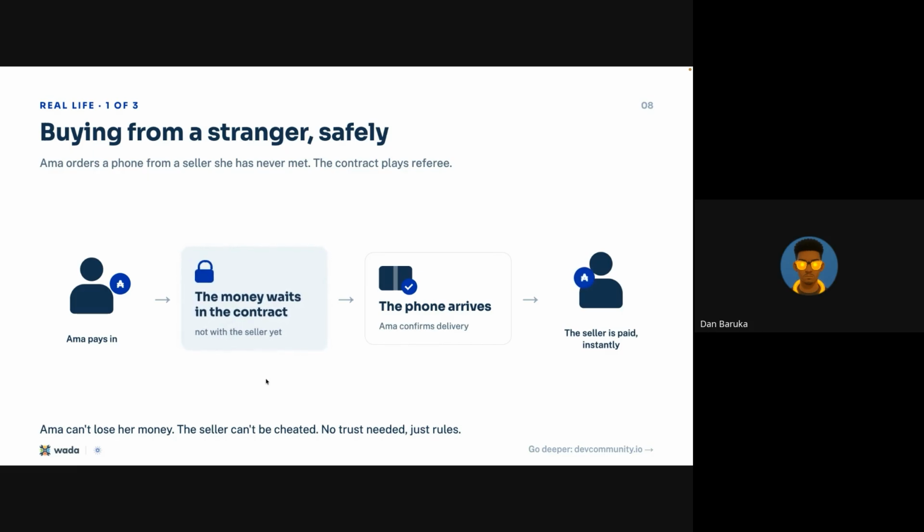The seller receives a notification saying, okay, yes, Amma has sent the money in the smart contract, I need to deliver the phone. The next step, the smart contract needs to know if the phone is delivered to Amma. Once Amma confirms the delivery, the money moves from the smart contract to the seller. This is a small sample of how we can use it.